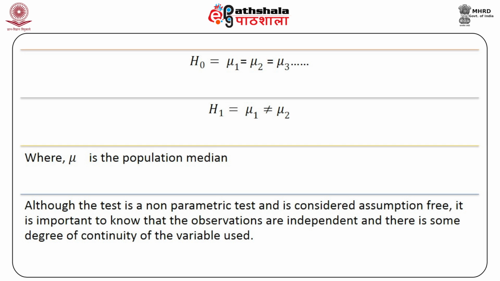Although the test is a non-parametric test and is considered assumption free, it is important to know that the observations are independent and there is some degree of continuity of the variable used.